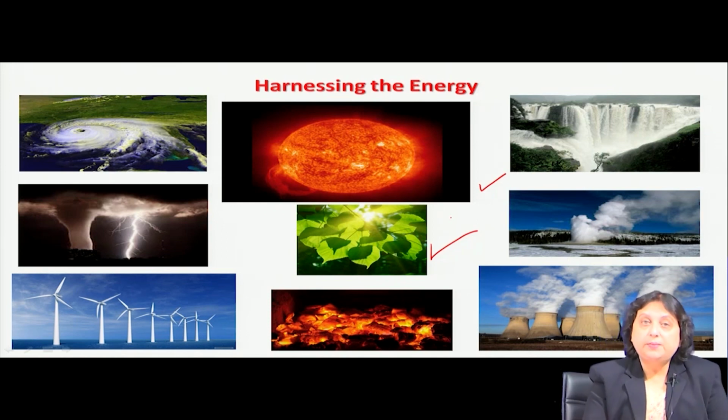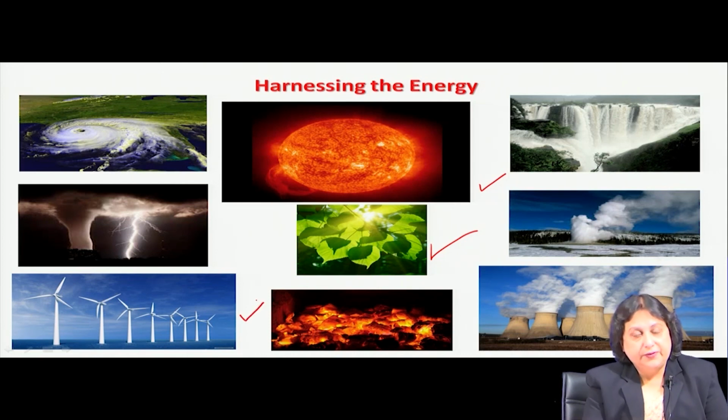So once again, going back to where we can get the energy from, we can get the energy from wind. So these are windmills where the power of wind is used to convert into useful energy like electrical energy.